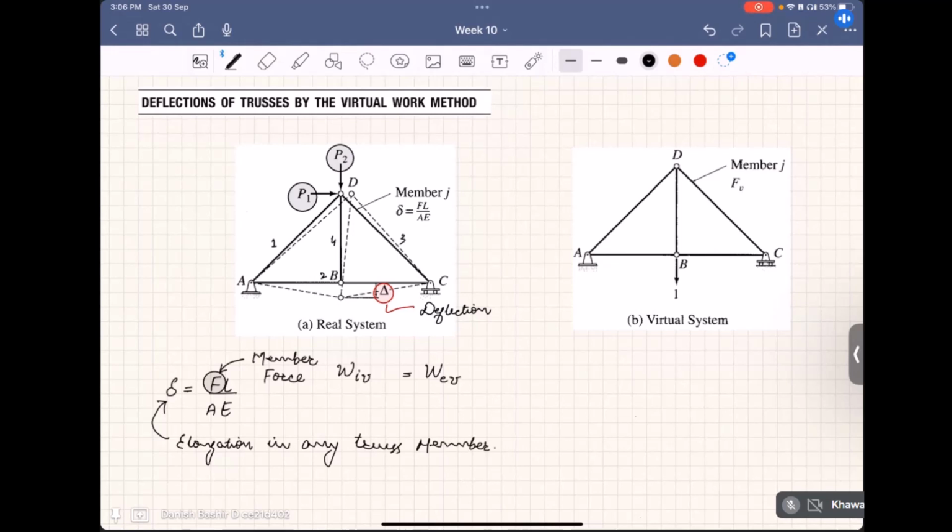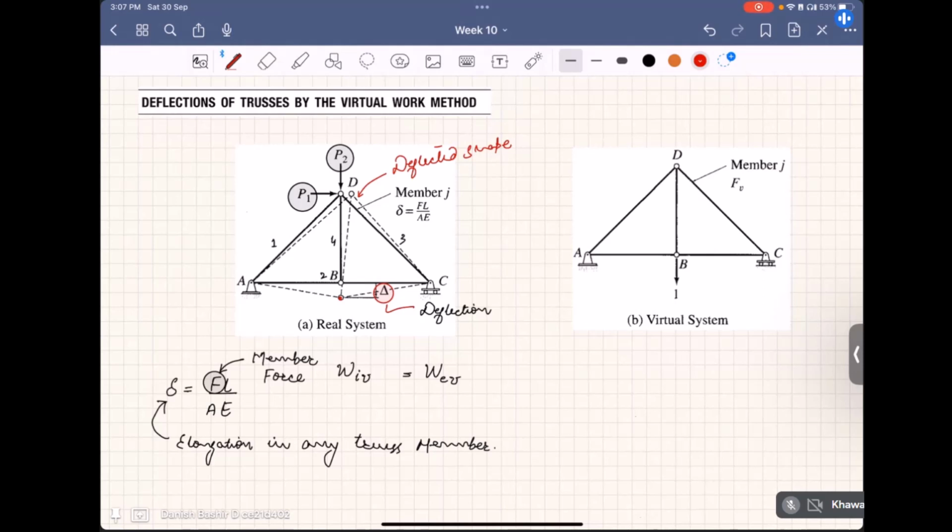This is in our real system, and F is the member force developed in that member under the given loading, let it be P1 and P2 acting at joint D. For example, if you assume that the deflected shape of this truss is shown by these dotted lines, then because of this deflected shape, the total vertical deflection at joint B is delta. Our job is to compute this delta because of loading P1 and P2.